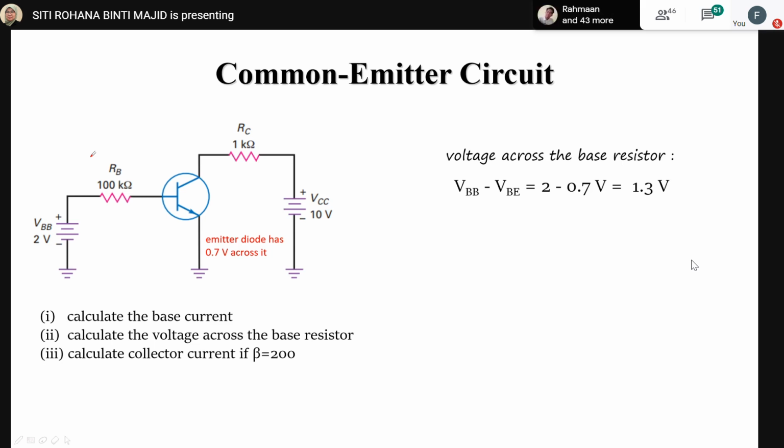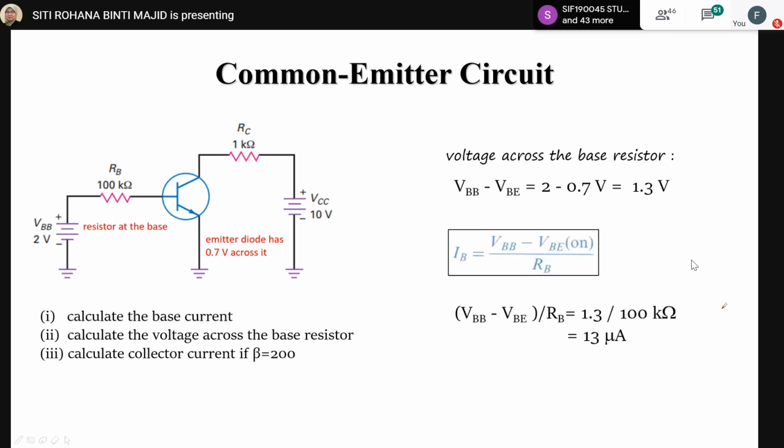We already know the voltage, so for IB you use this loop, VBB minus VB, and you have 13 microampere from this diagram, from this equation.